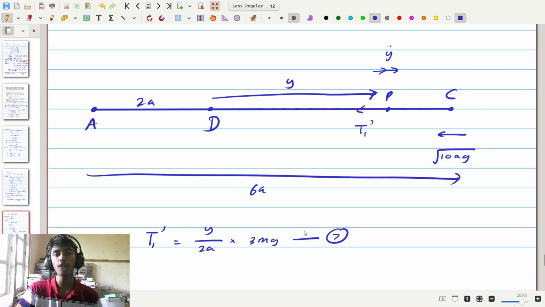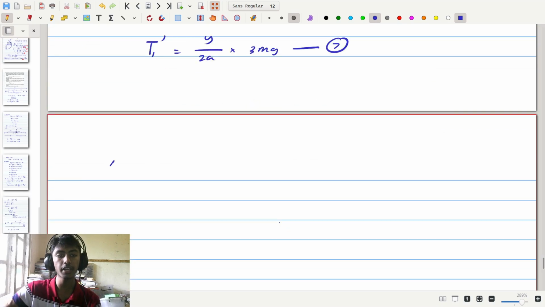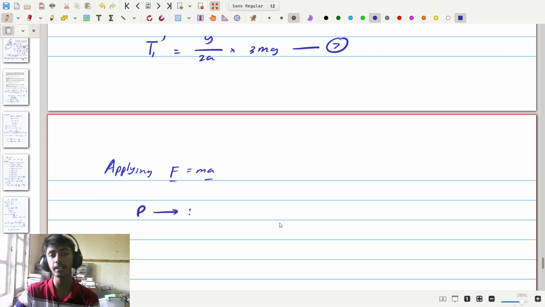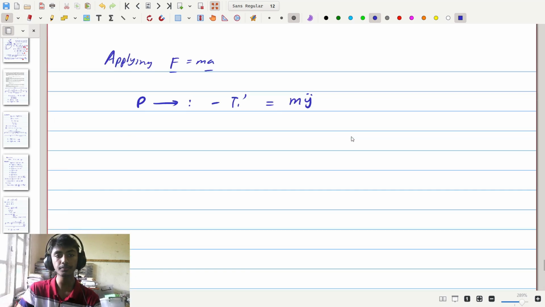Then applying F equals ma, if you go to the next page, applying F equals ma in this direction to the particle P, we're going to get only negative T1 dash, and that equals ma, which is m y double dot. We'll call this equation number 8.